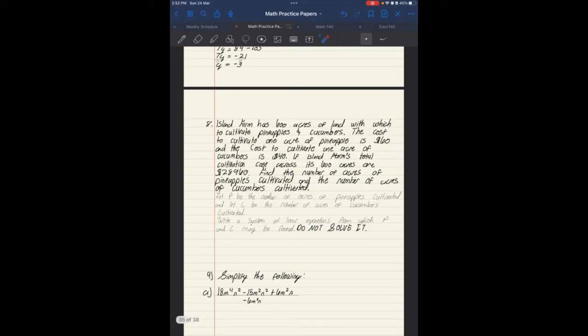Okay, so it looks like we have two variables, right? So we have pineapples and cucumbers. And Island Farm has acres of land, right? They purchase, I guess, this acre of land to cultivate pineapples and cucumbers. And they have 600 acres of land with which they could use to cultivate all of them. So we have 600 is equal to pineapples plus cucumbers, because all this acres of land they're using to cultivate pineapples and cucumbers.